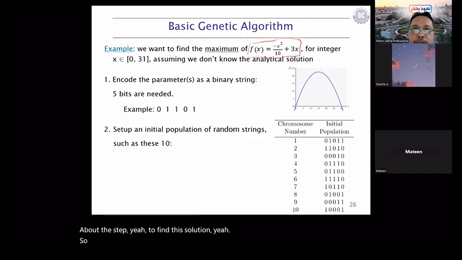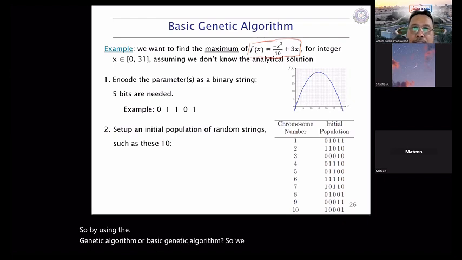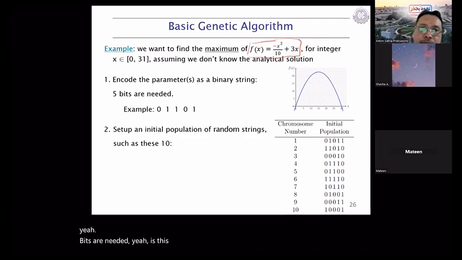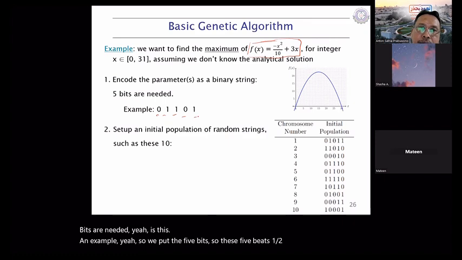By using the basic genetic algorithm, we encode the parameters as a binary string. For example, 5 bits are needed: 1, 2, 3, 4, 5.